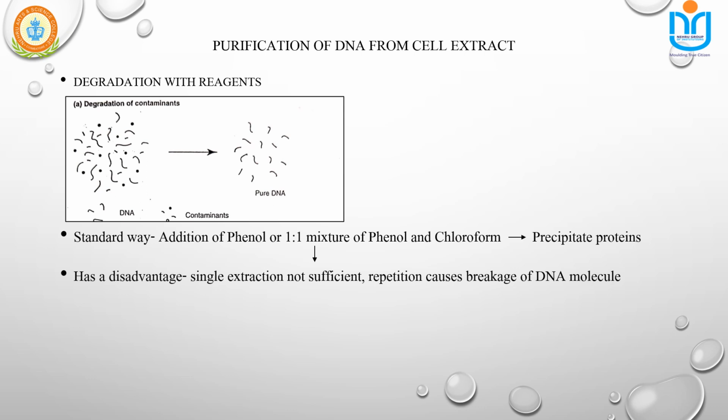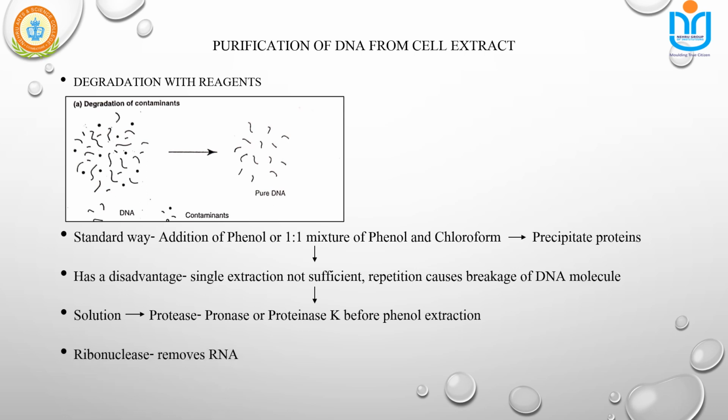It requires repetition of the method, which will cause breakage of the DNA molecule. A solution for this is the usage of protease enzymes, pronase or proteinase K, before phenol extraction. And to remove RNA, ribonuclease enzyme is used.